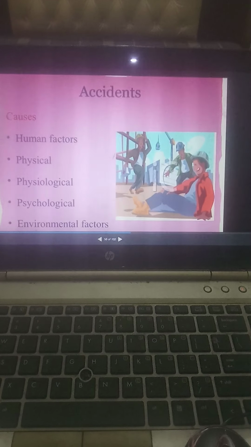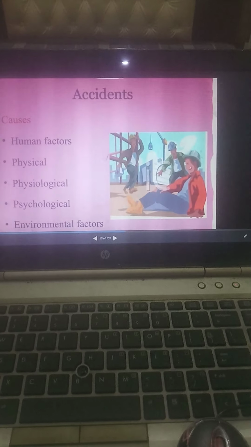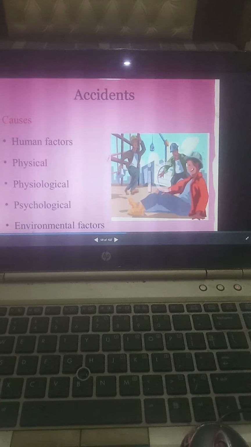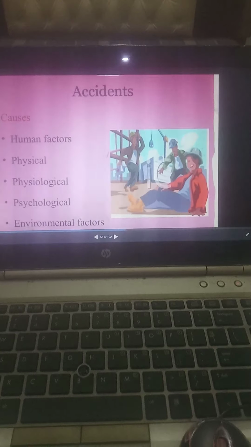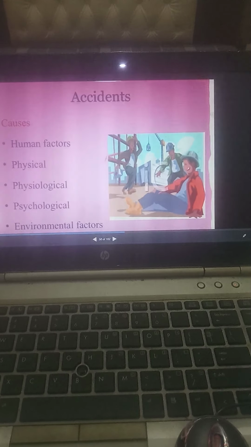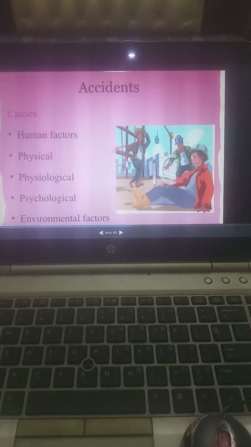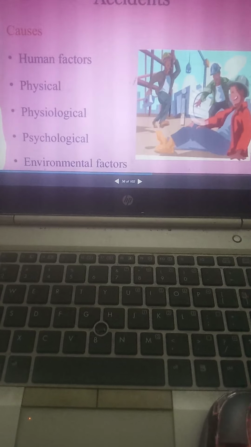Physiological, a person himself, for example, his eyesight is weak, or his coordination ability is not that good, so he can succumb to accidents in the working environment. Psychological, he is not feeling up to it, he is lethargic, fatigued, tense, preoccupied, not giving his full mental energy to the work, so that can lead to accidents.